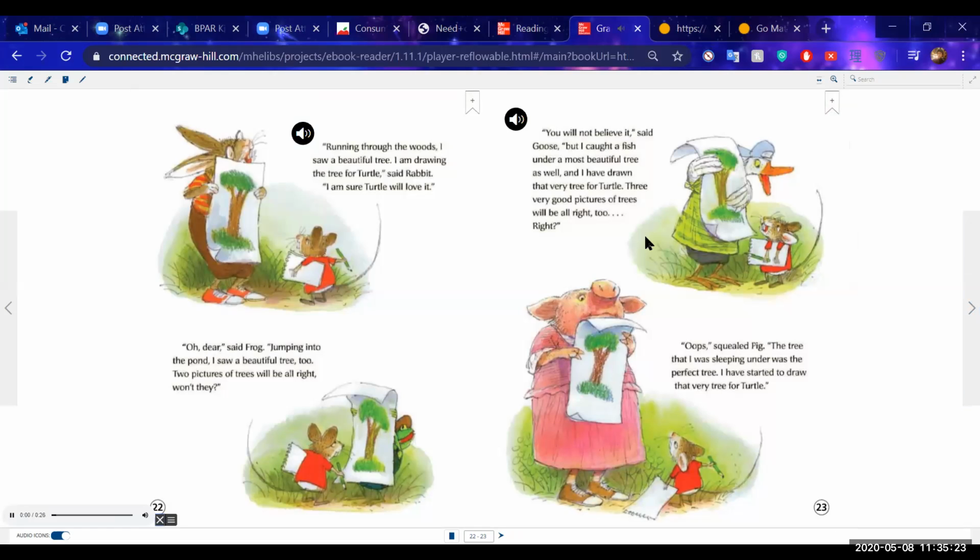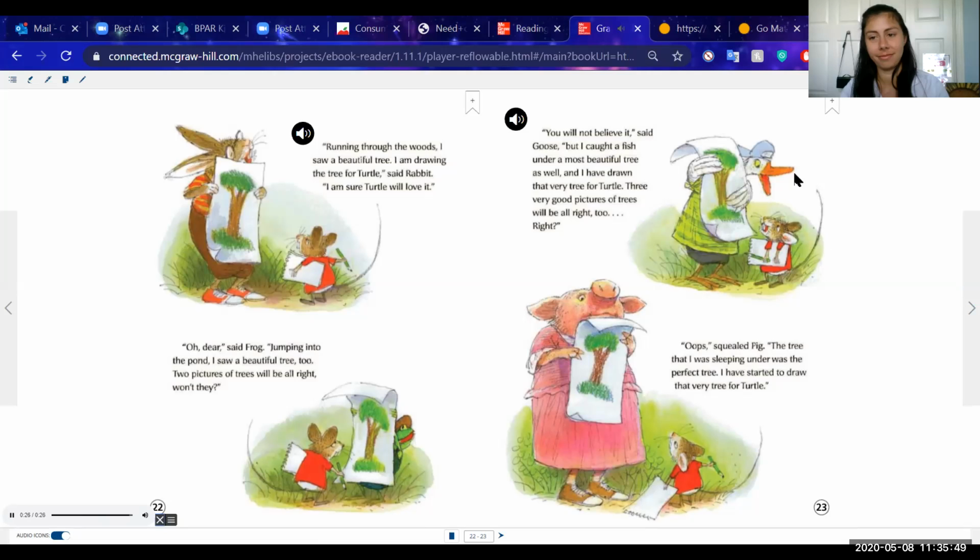"You will not believe it," said Goose, "but I caught a fish under a most beautiful tree as well, and I have drawn that very tree for Turtle. 3 very good pictures of trees will be all right, too, right?" "Oops," squealed Pig. "The tree that I was sleeping under was the perfect tree. I have started to draw that very tree for Turtle."